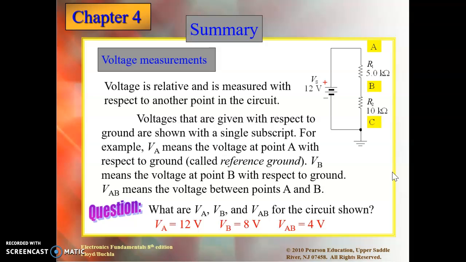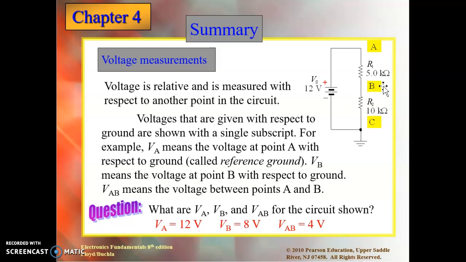So if we are giving a voltage from point B, we assume that that value is with respect to the ground. If we are giving a voltage with two subscripts, that means it is a differential voltage between those two subscripts, okay?